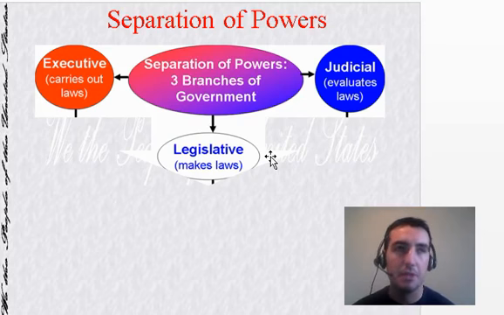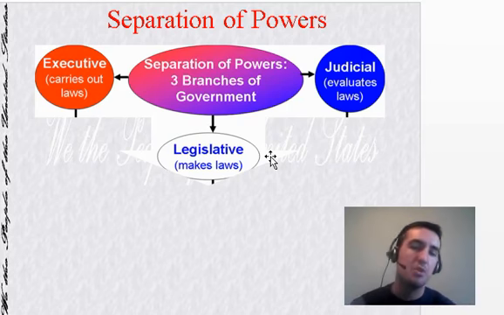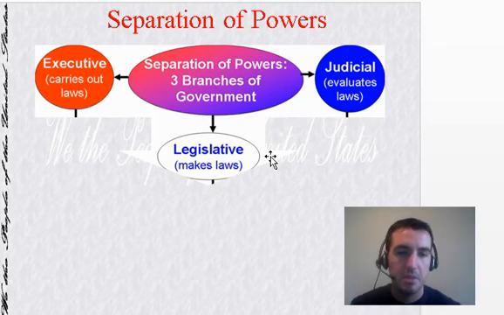If you have to go to the Social Security Administration or some kind of government building to get it, that's technically part of the executive branch because they're carrying out the law. The law was that there's supposed to be government assistance. That was made by the legislative branch. The executive branch is carrying out that law or making sure there's a way to get that government assistance. That's an example of what the executive branch does.